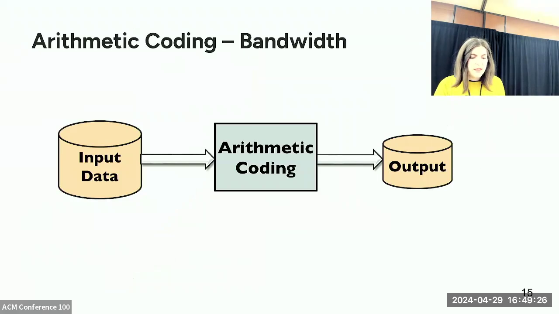And lastly, arithmetic coding is inherently sequential, which may not align with the parallel processing demands of our machine learning workloads. This sequential nature limits its encoding and decoding rates, and it might generate only 1 bit per cycle in the base implementation.